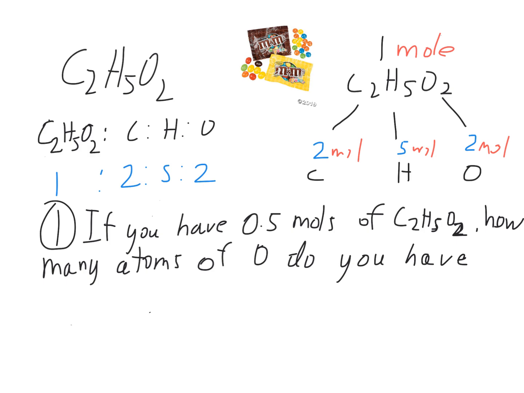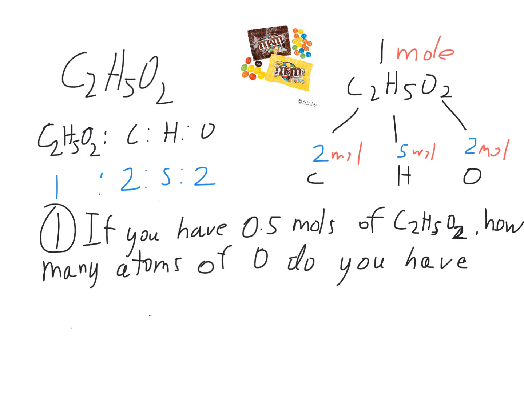Now finally, what if you had a question similar to this, where it said if you had 0.5 moles of the compound, how many atoms of oxygen do you have? If you have a question like this, it's asking you not to find moles of oxygen, but actual atoms of oxygen, how many individual atoms of oxygen you have. Our analogy kind of breaks apart over here, but we can think of it in terms of the M&M's pack.